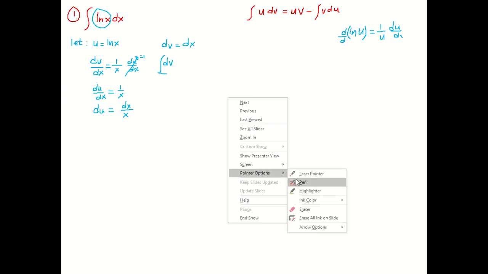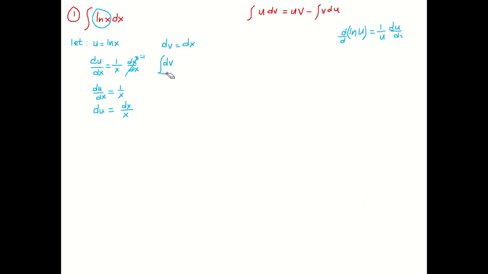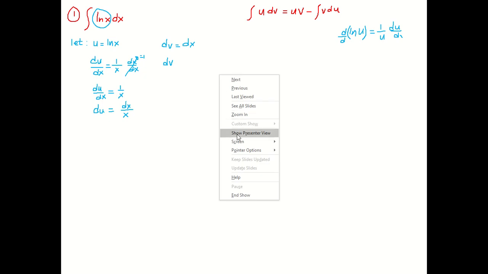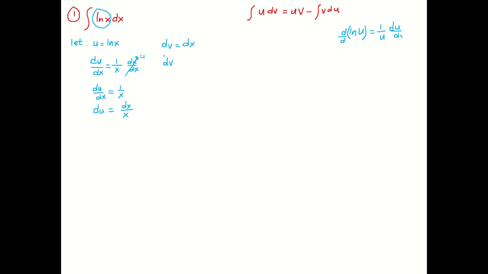So that is the inverse process, right? It means that if you integrate dv, by the way, to keep this equal, meaning to balance left and right, what you did on the left side you also have to do on the right side.